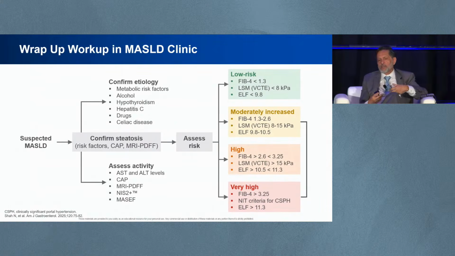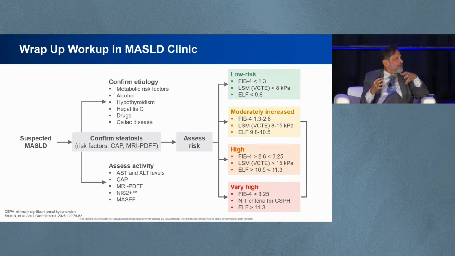And you could assess activity, and we've listed a number of things, AST, ALT, and I'll come back to it in a second. But activity refers to the metabolic stress. You remember the 4 gears we talked about? The metabolic stress, the injury, and the inflammation, that sort of activity. Fibrosis is the consequence of the activity. So we have CAP as a measure of fat, PDFF, and then there are tests like NIS2 and MASSIF.